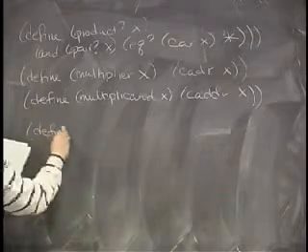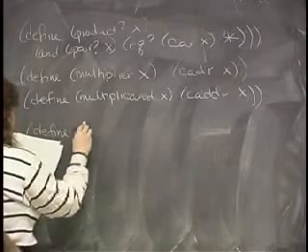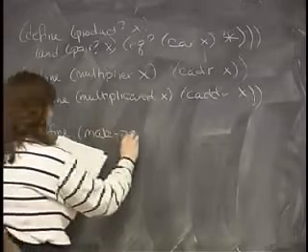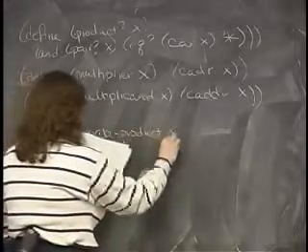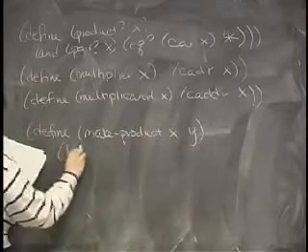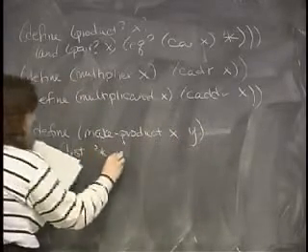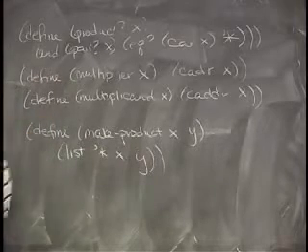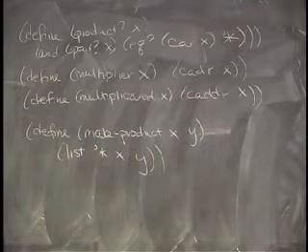Let me write down the really stupid, brain-dead make-product so that I can save my hand a little bit here. Make-product on x and y returns the list of quote times x, y. Okay, this is the non-simplifying make-product. The simplifying make-product is at the very bottom of the page.